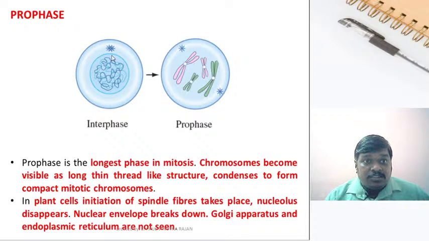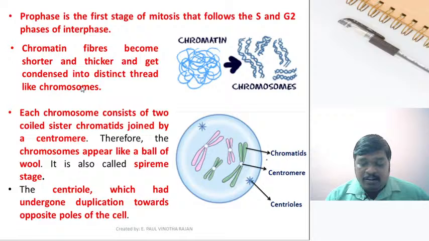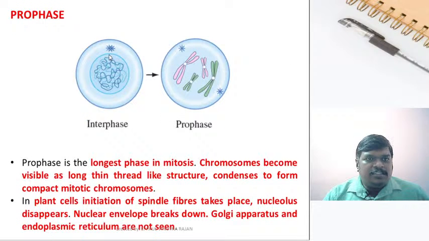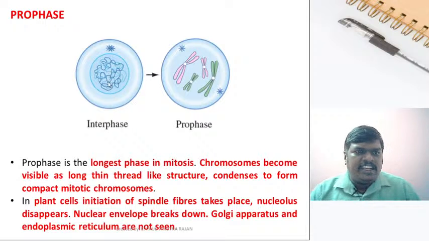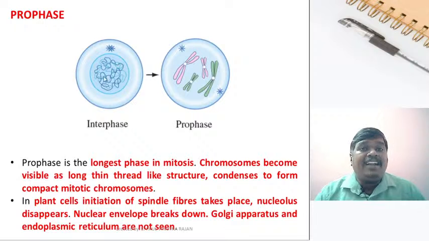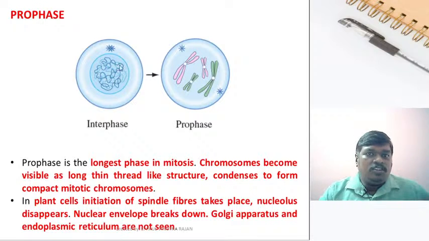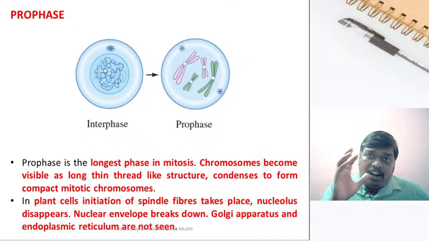Here you can see the membrane, what we are seeing here, this membrane is called the nuclear membrane. And inside, this is called the chromatin threads. And also it has the nucleolus. So what are all present in interphase? I am just explaining to you, children.